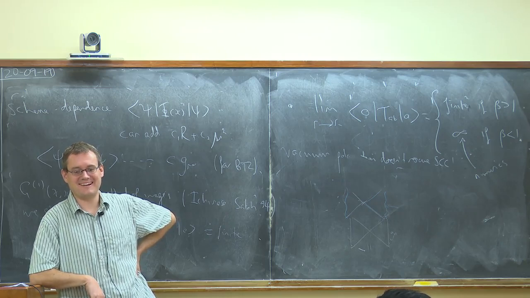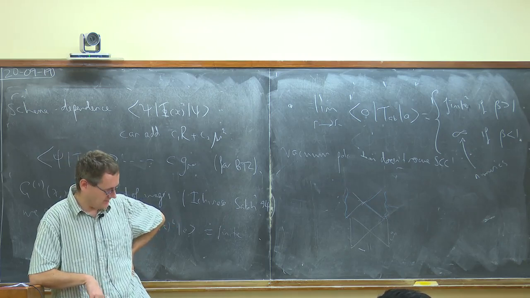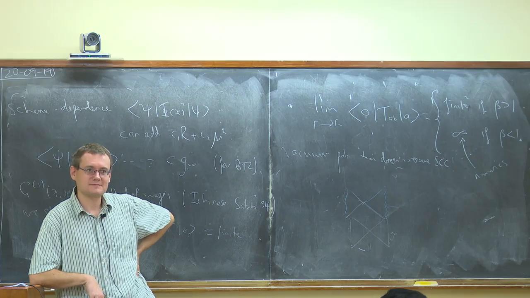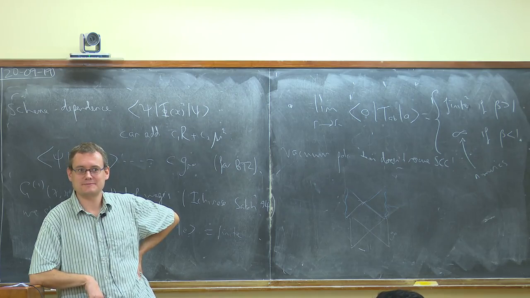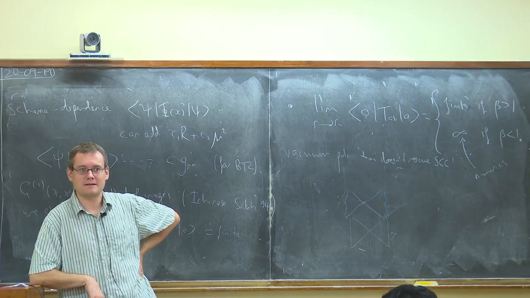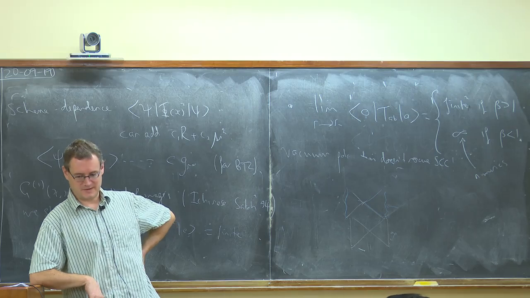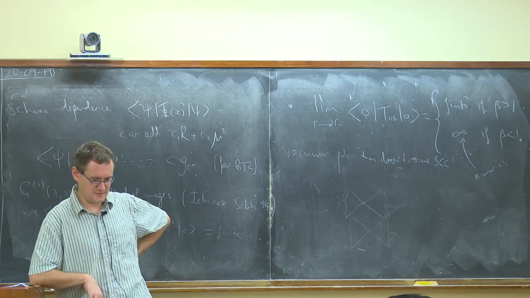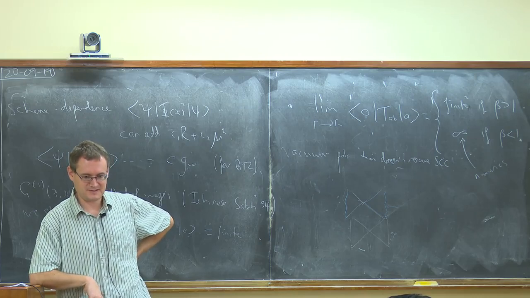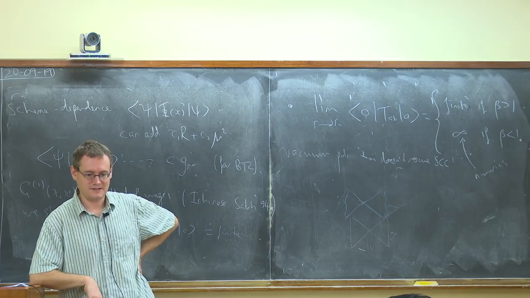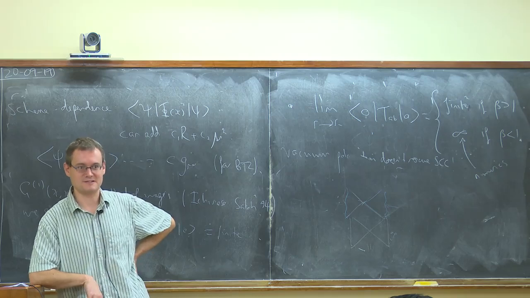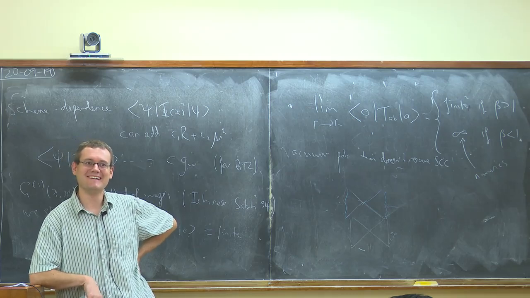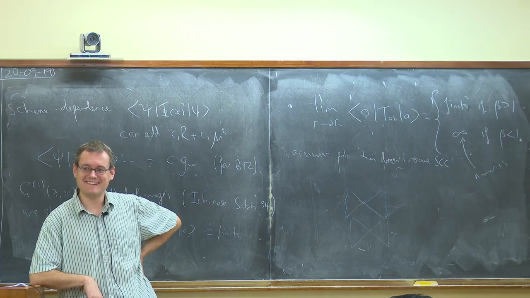I don't think even AMPS could claim there's a firewall for the eternal BTZ black hole. Maybe for collapsing black holes, but it would be a bit strange if this somehow rescued it for a collapsing black hole, which has the same late time structure as an eternal black hole.